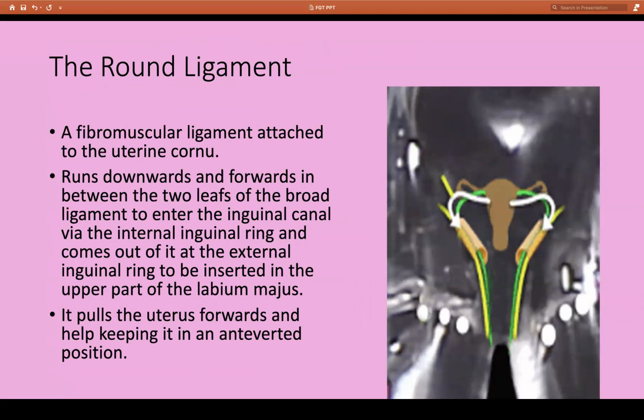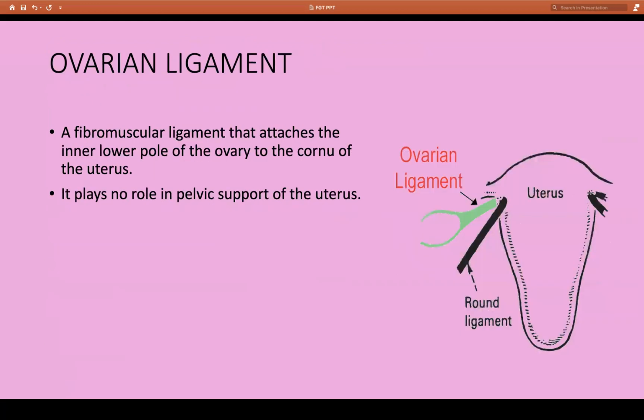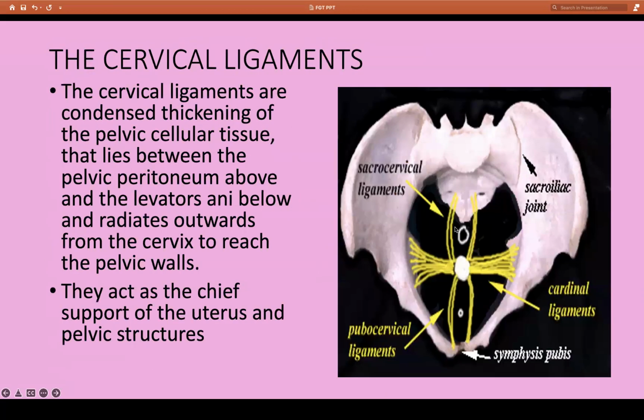Round ligament is a fibromuscular ligament attached to the uterine cornu. It keeps the uterus anteflexed and pulls the uterus forward. The ovarian ligament is a fibromuscular ligament that attaches the inner pole of the ovary to the cornu of the uterus. Cervical ligaments are very important while doing hysterectomy or any cervical surgeries.